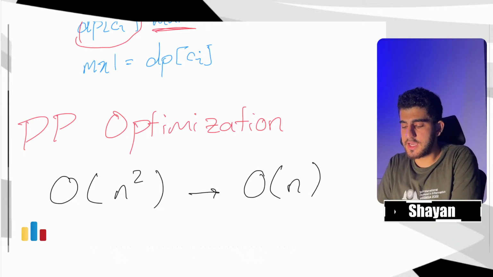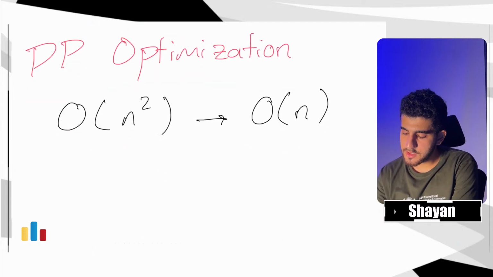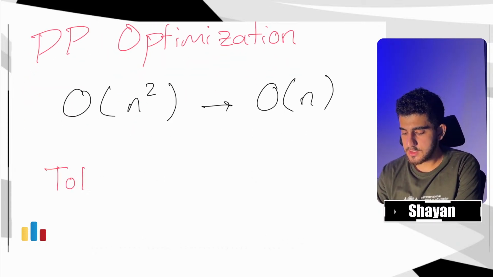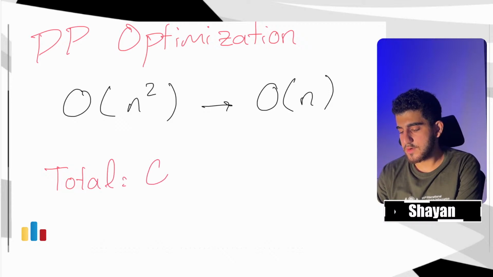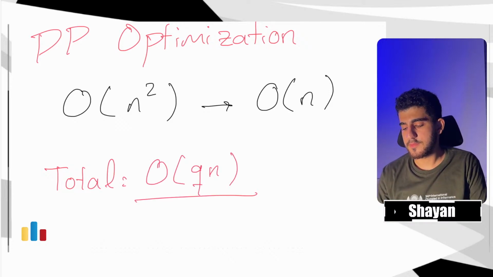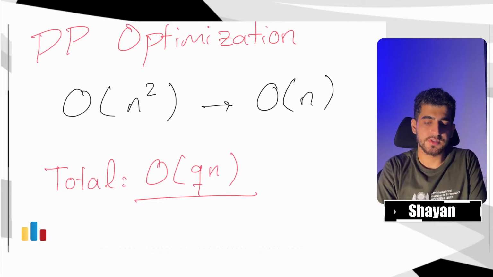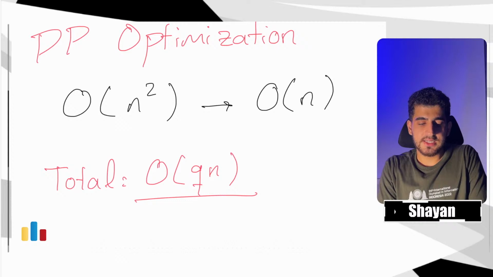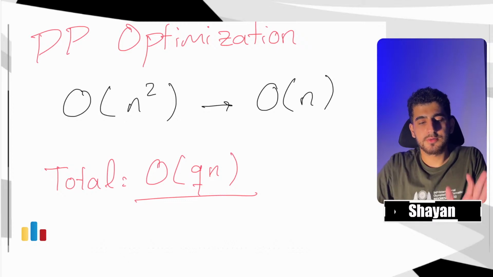And when each query can be solved in O of n, our total time complexity is going to be O of qn. And that's everything we have here. Is it completely clear? Shall we move on to the next problem?